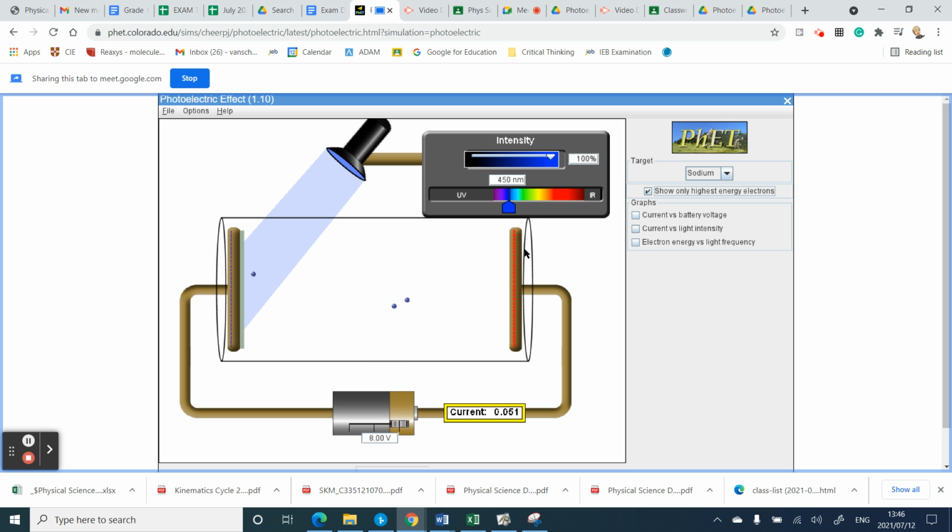What's important for us now is, if I use red light, it doesn't matter how many photons I send. I'm never going to have a photon with a high enough frequency to have enough energy to overcome the work function and kick out an electron.